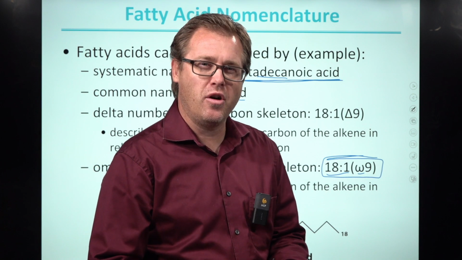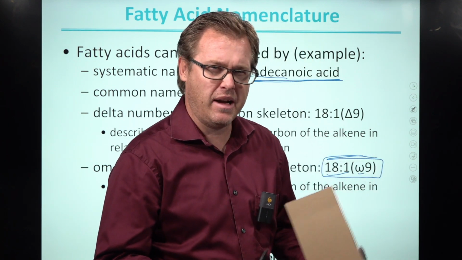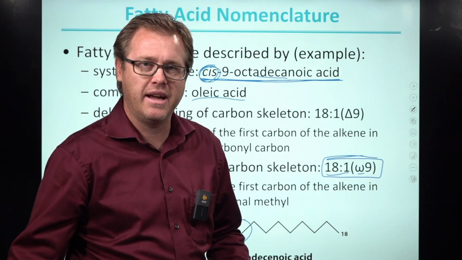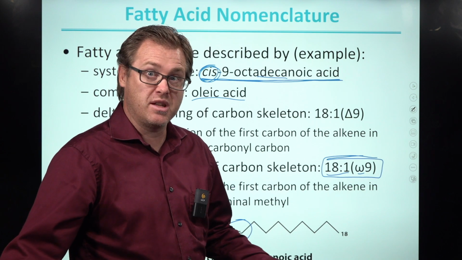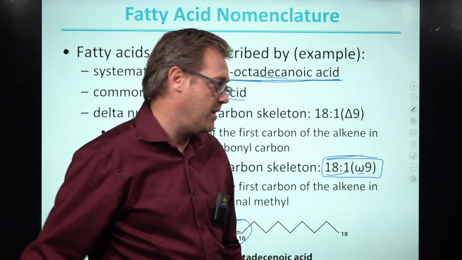Have you guys heard of omega-3, omega-6 fatty acids? That's been pretty big in the last 10, 20 years: these are fatty acids that we need to consume in our diet. They're very, very healthy for us, right?